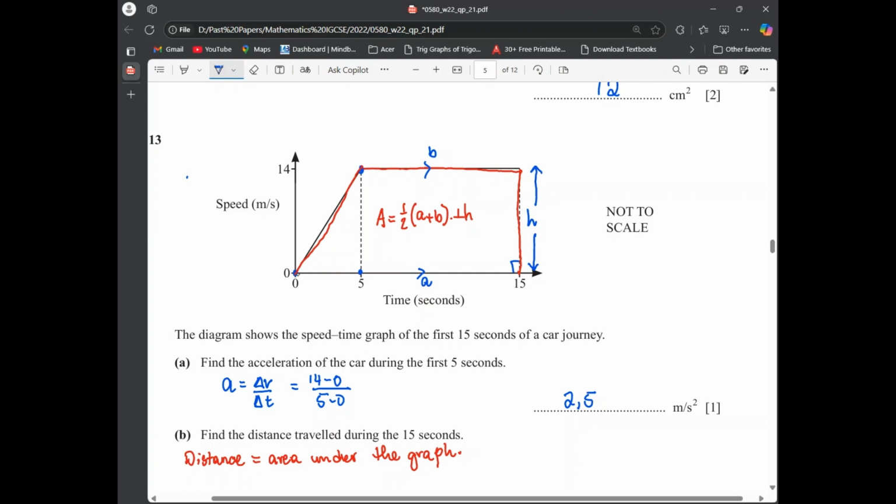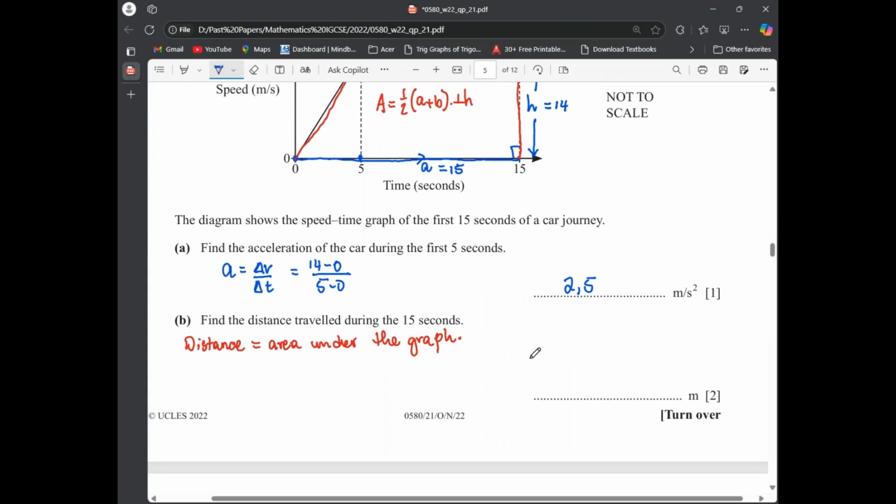So a is this part here, along your x-axis, which is equal to 15. b is this time here, which is from 5 to 15, so b is equal to 10. And the separation between the two parallel sides is equal to 14.